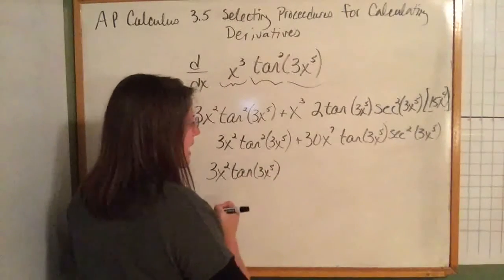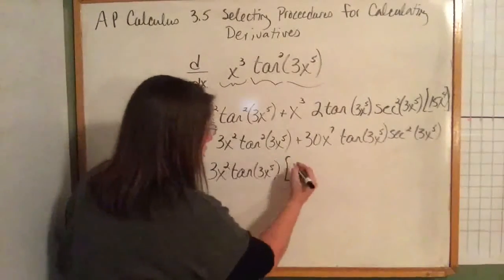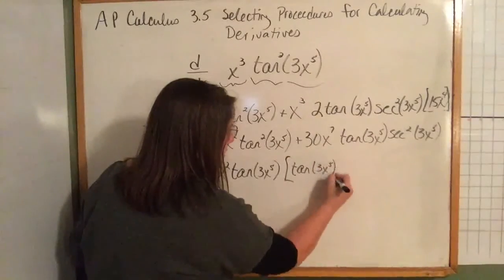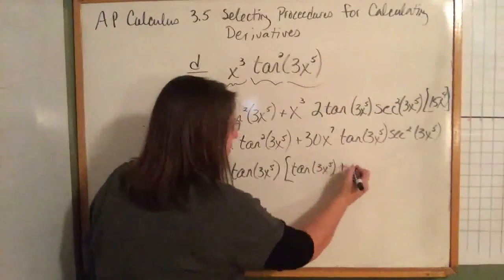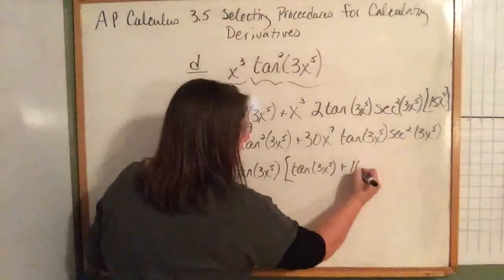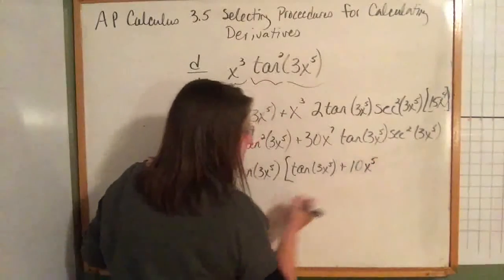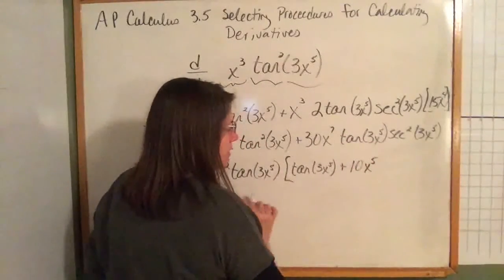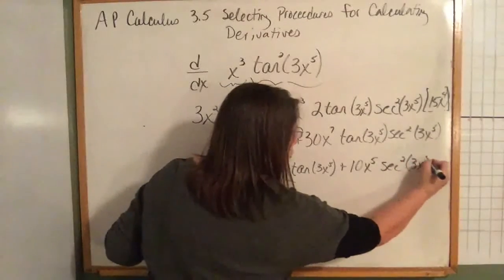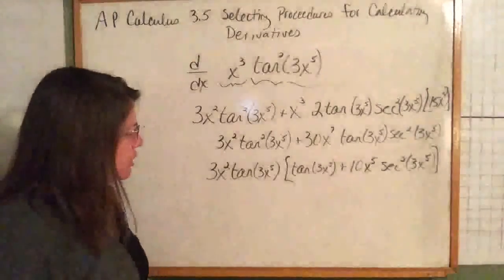So we could bring that out, and then we would have a tangent left in the inside, plus, we brought out the 3, so we've got a 10. X squared was brought out, so that's x to the 5th. The tangent was brought out, and we have a secant squared 3x to the 5th. And I think that's probably all you're going to want to do.